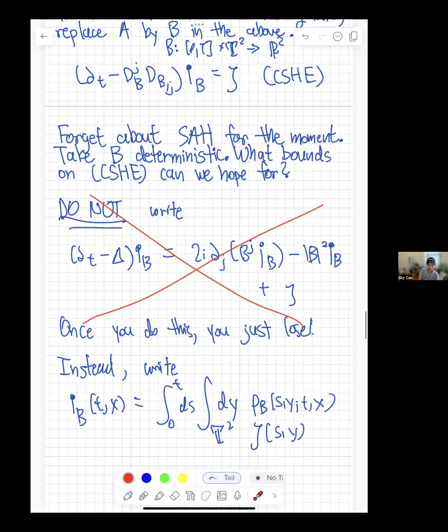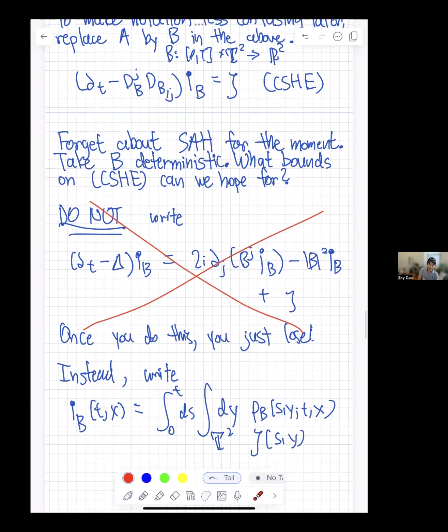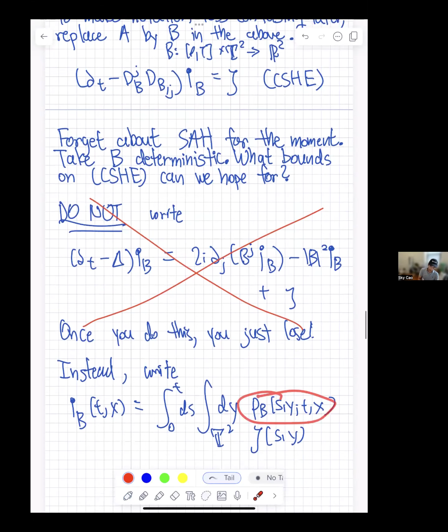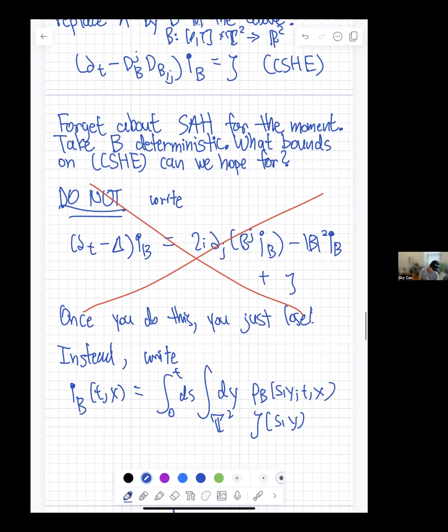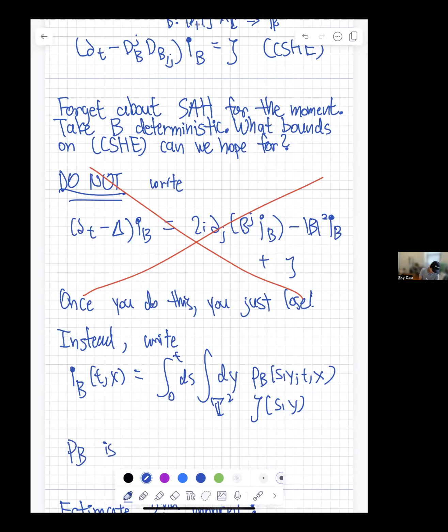The point is that if zeta were actually a smooth function, then I just have a linear equation with some sort of smooth forcing. Then I know how to write down the solution. I just use the kernel. So this PB is the covariant heat kernel, as I call it.